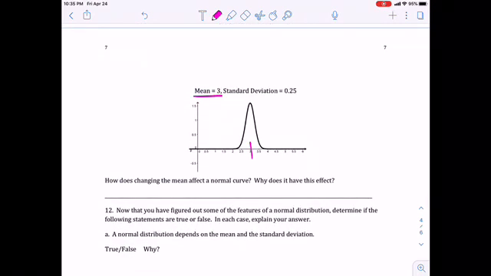So when we change the mean, it shifts the graph left or right. And it has that effect because notice how the mean is the middle. It's where this peak is the tallest. So changing the mean shifts where that tall peak is going to be.